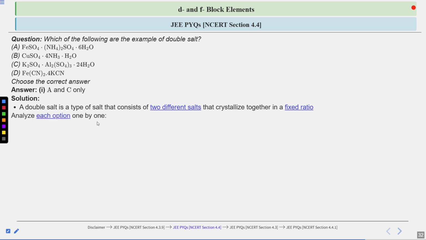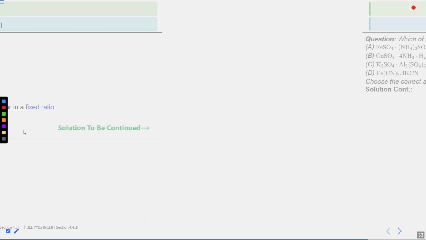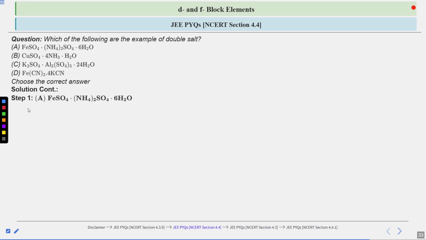Let's analyze each option one by one. So the first step is the analyzing step. A is FeSO4.(NH4)2SO4.6H2O. Now this compound consists of iron in the +2 oxidation state, so iron sulfate, and ammonium sulfate, with 6 molecules of water.